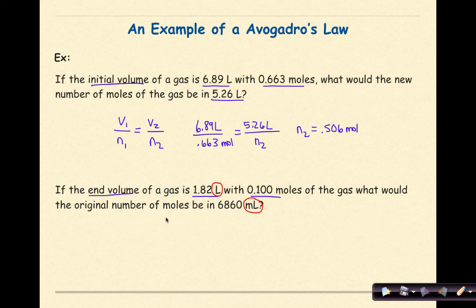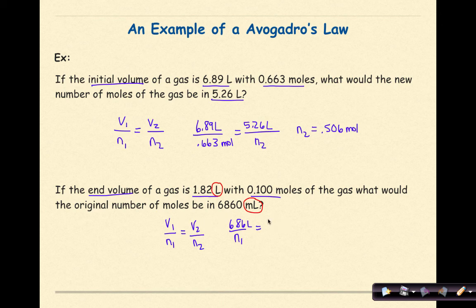So I'm going to write my formula. V1 over N1 is equal to V2 over N2. So we're solving for the original number of moles. So my unknown is N1. My original volume, if I change that into liters, is 6.86 liters.